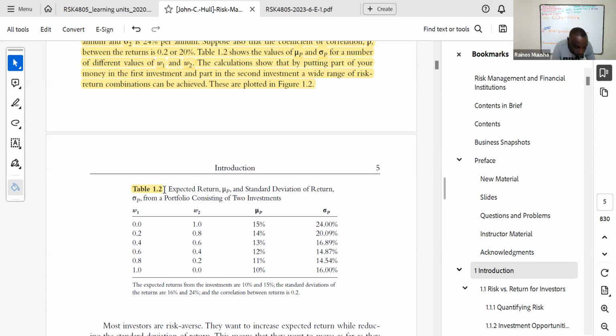So from table 1.2, which possible combination of weightings do you want us to use to arrive at the expected return and also the standard deviation of the portfolio? Which combination? You can choose any.